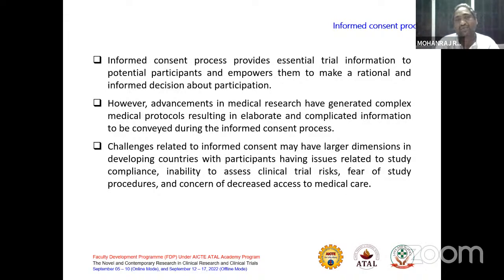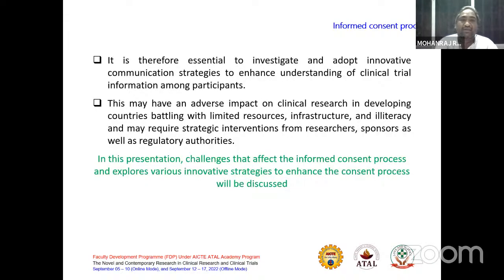This is also very, very limited in a developing country like India. So it is very important to investigate the limitations of why informed consent is not appropriately executed in developing settings, and how it can be enhanced.